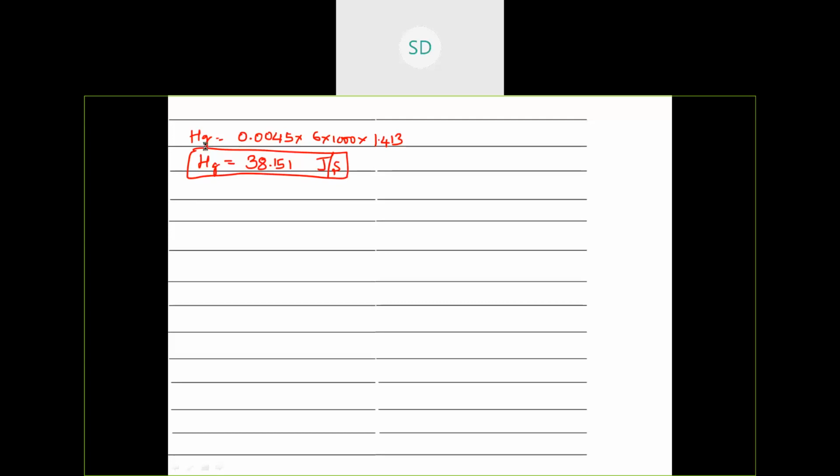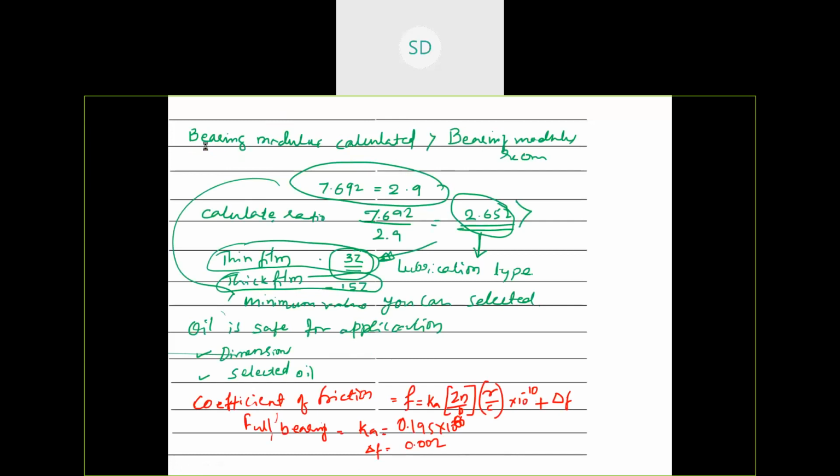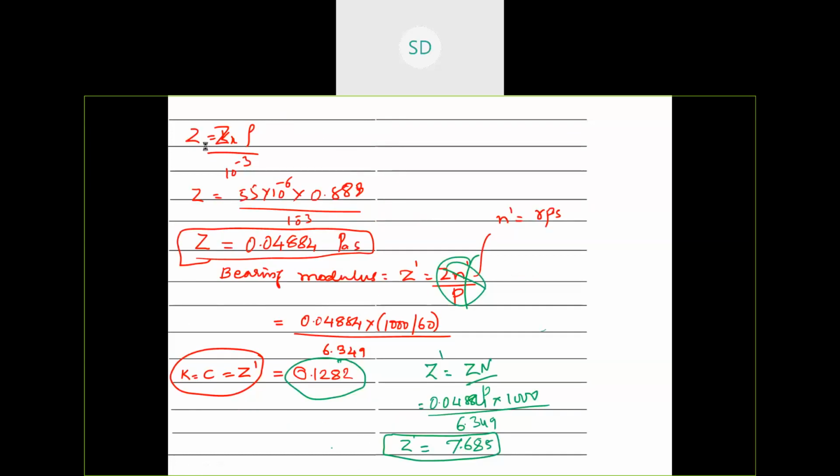Next, what is the next step? Okay, heat dissipation.